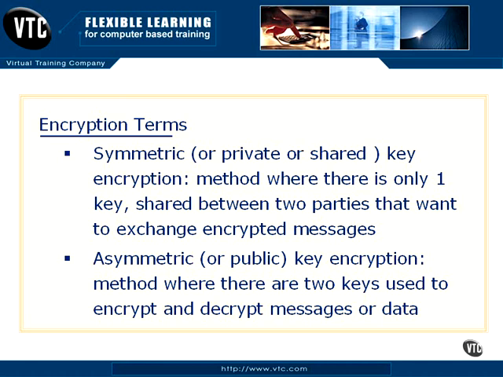There are two keys involved, usually called a public and a private key. Don't get confused by the terms yet. We'll go over that a little later. What you need to know for now is that symmetric key encryption uses one key that we have to share. We both have to know it. Asymmetric key encryption uses two keys. I have one and you have one. We use those keys to encrypt and decrypt messages or data.